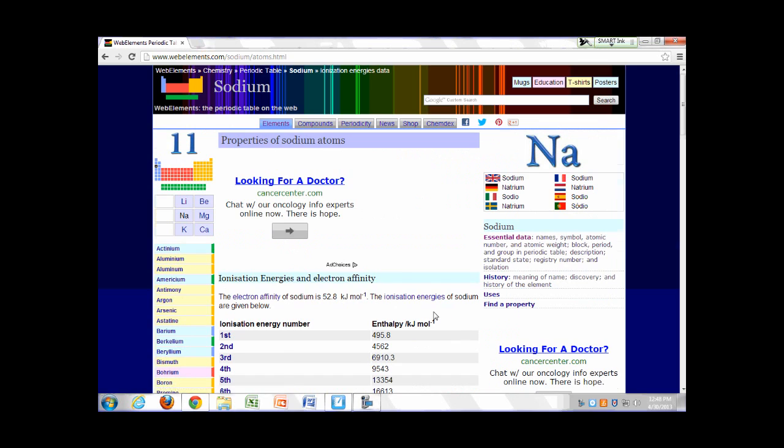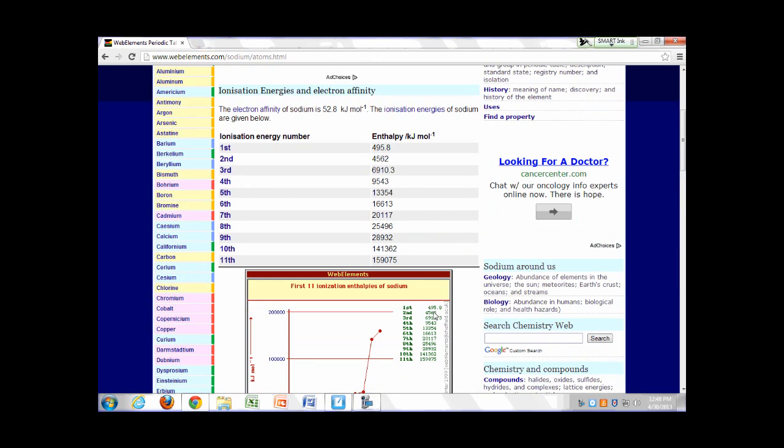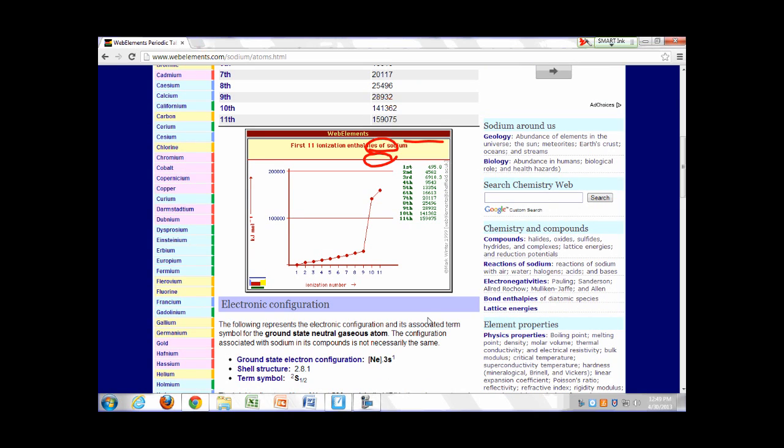The first ionization energy of sodium is 495.8 kilojoules per mole. The second ionization energy is 4,562 kilojoules per mole, and you have a graph of the first, second, third, fourth, and so on ionization energies for sodium.